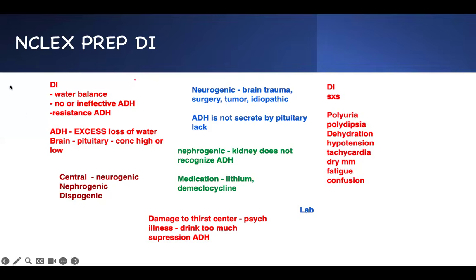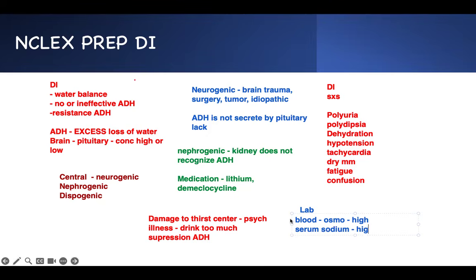If you lose too much water, your blood will become concentrated. So blood osmolarity is going to be high. So you get elevated. Whenever blood osmolarity is high, sodium goes the same direction. So you don't have to memorize. So blood sodium, serum osmolarity, serum sodium also goes high. It follows the same direction.